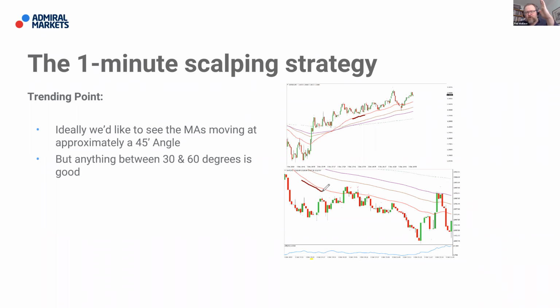We don't want it to be too steep, because the steeper it is, the faster it'll fall back, but equally we don't want it to be flat, because there's nothing going on there. We want it just to be chugging away quite happily, a nice trend on the 1 minute chart. And if you can see that, you can work out higher highs, higher lows, and see that those moving averages are in alignment and price is above it. We're in business. Okay, we're in business.